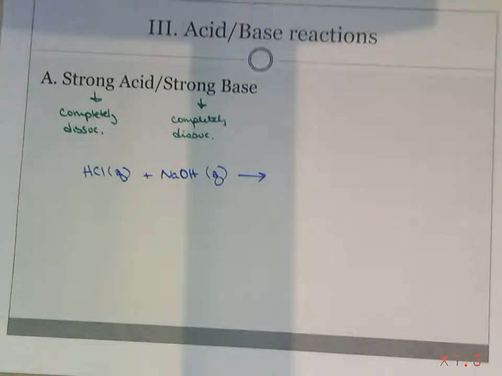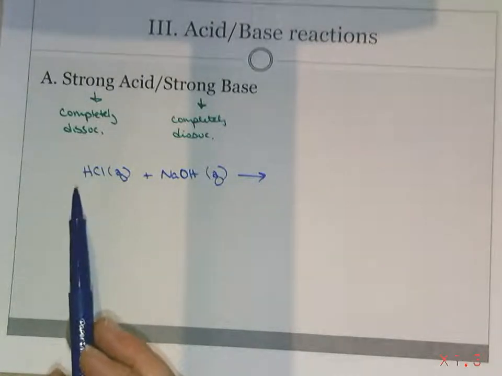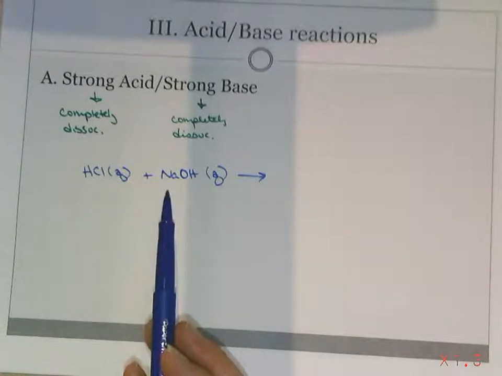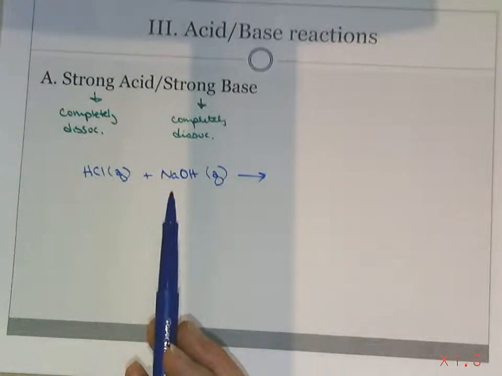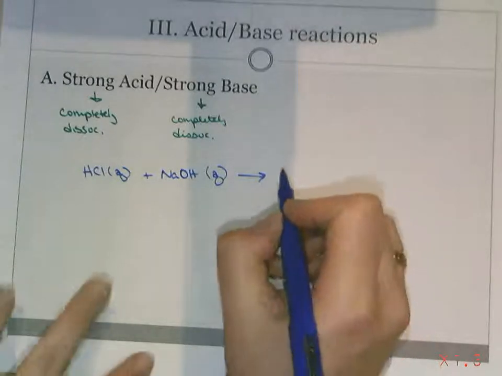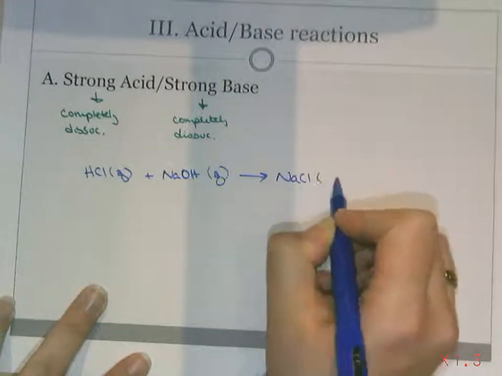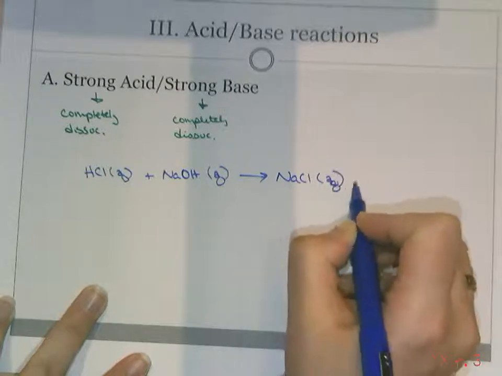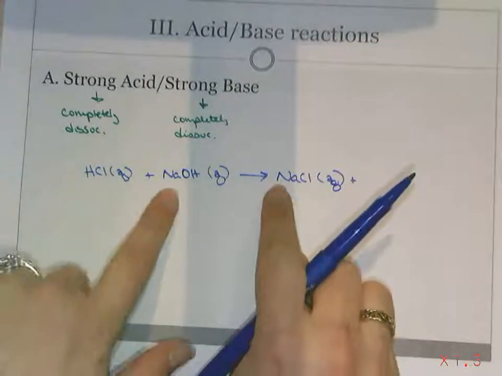Yes. Sodium hydroxide, one of our strong bases. All right. So if they're both going to completely dissociate, what should one of the products be? Okay. All right, so if I used up a sodium and I used up a chlorine, the only thing left is a water.